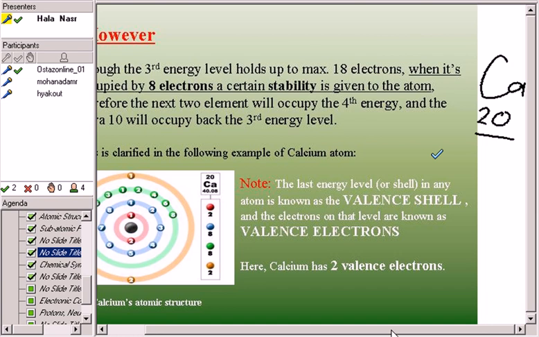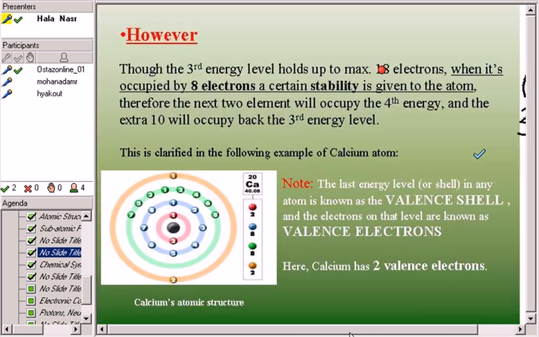So shall we put the whole 10, Mr. Ahmed, shall we put the whole 10 on the third energy level? It's able to carry 18. Can we put the whole 10 to complete the 20? No. Can you tell me why no? What does the rule say in here? Let's get back to the rule. Though third energy level is able to carry up to 18 electrons, it prefers to carry how many?